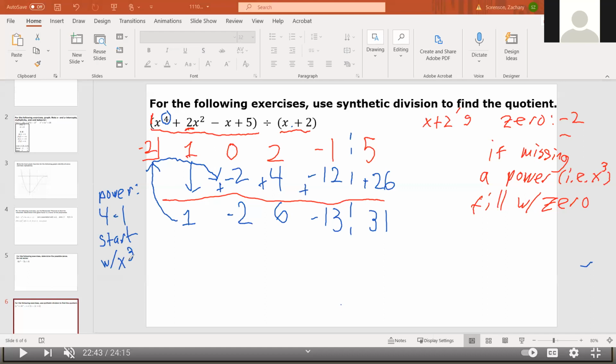So when I translate this back, I say, okay, my first term is going to be 1 x cubed. My next term is going to be -2 x squared. My next term is going to be +6 x. My last term is -13. All I did was start with my x cubed and then I counted down. 3, 2, 1, constant.